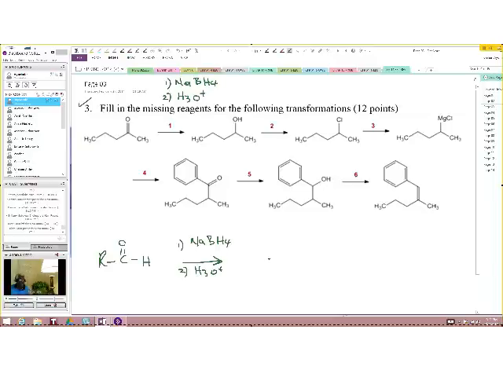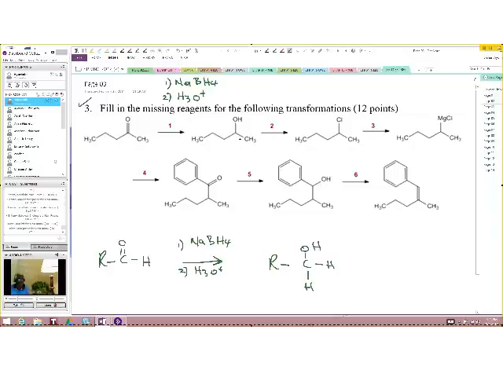In this particular instance, we are going to form a primary alcohol. So sodium borohydride reacts with an aldehyde to form a primary alcohol. On the other hand, it reacts with a ketone to form a secondary alcohol.